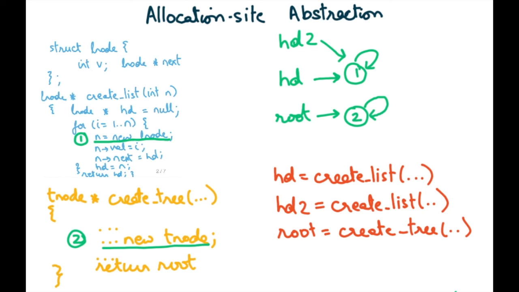As long as we obey the discipline that the total number of abstract objects is finite, any abstraction is okay. Of course, there's a trade-off between how many abstract objects we want to create. Even though they are finite, if we take Cartesian products, they can become exponential very quickly. And so the more abstract objects, maybe you can get better precision, but at the cost of higher runtime of the points-to analysis.